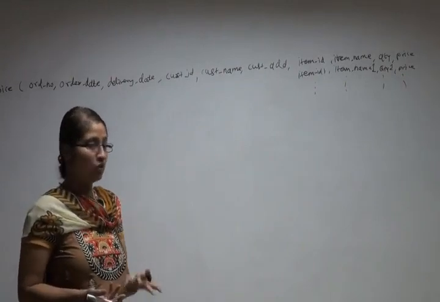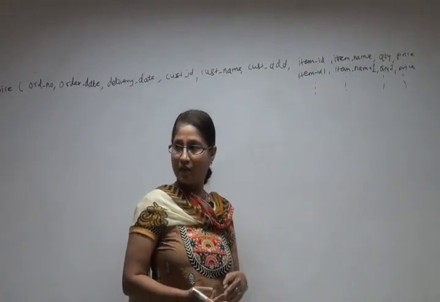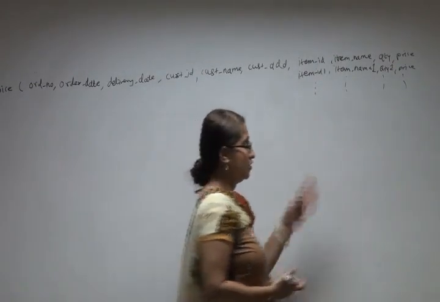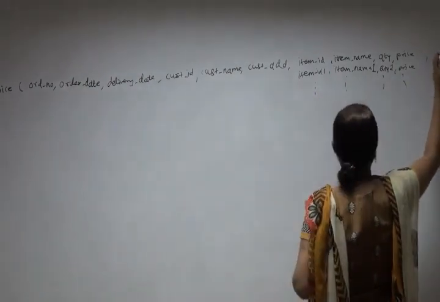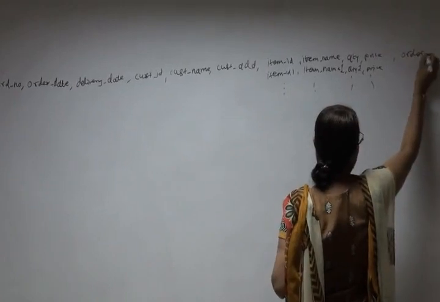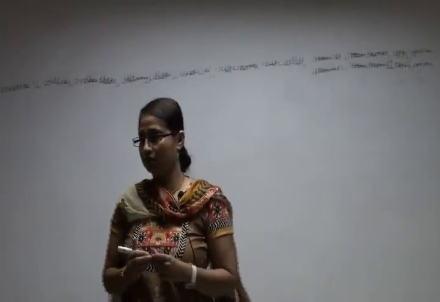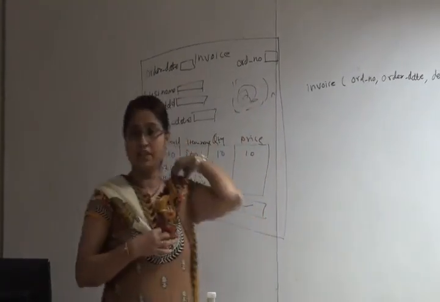It is possible. So according to that we have to give columns. That means we will be repeating it, right? So this is a repeated group, and then we are having the order total. This is what will be the unnormalized data.